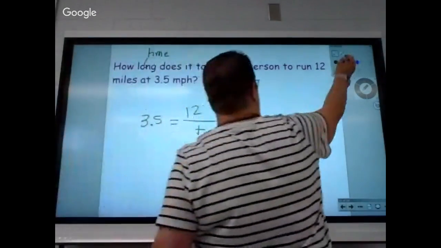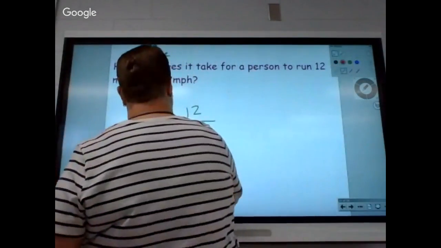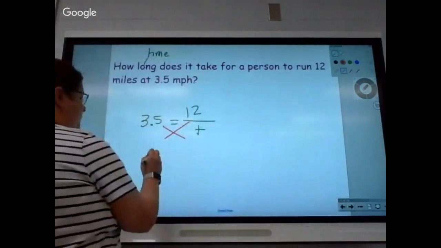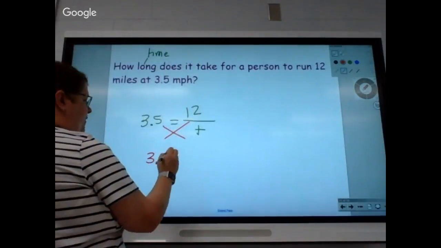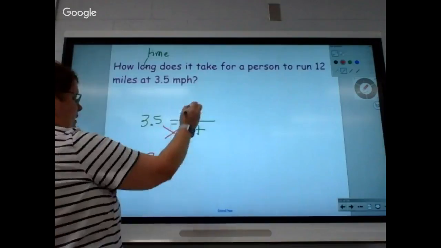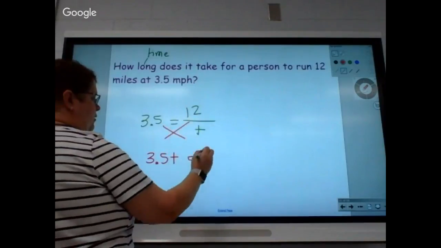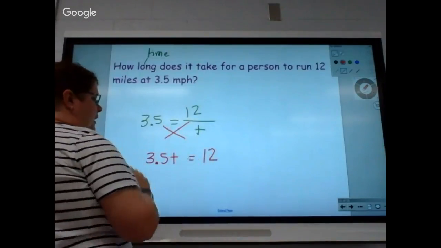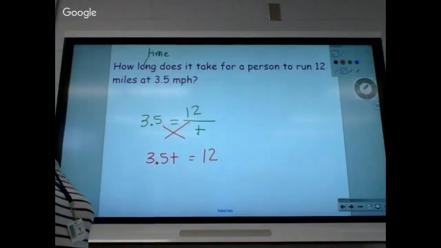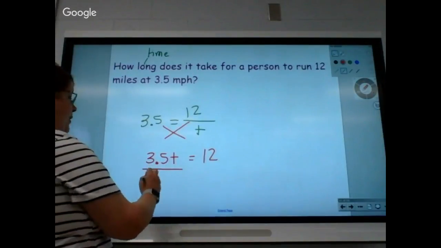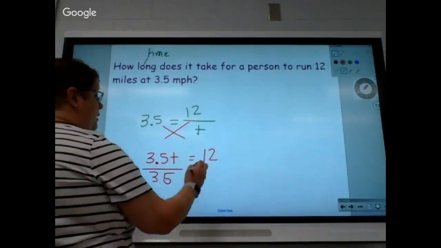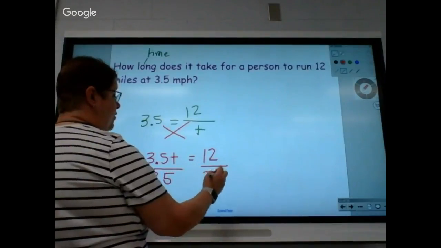So we want to take this and cross multiply. 3.5 times t is 3.5t. 1 times 12 is 12. Now, how do we get t by itself? Divide by 3.5, and divide by 3.5 over here.